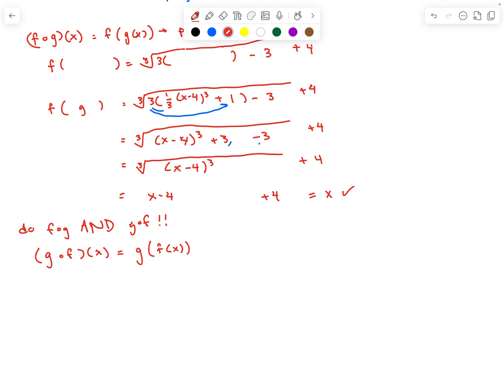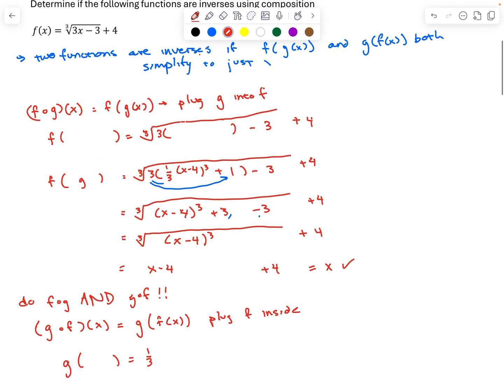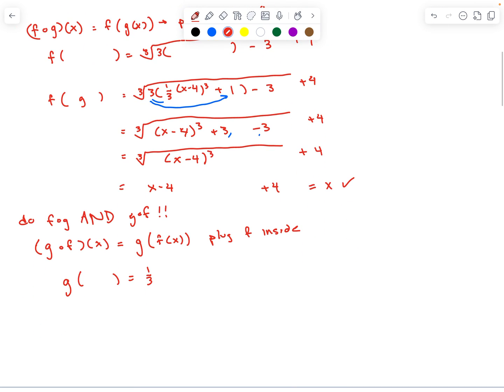So we set up the template for G. G of thingy, let's see, is 1/3. Where is it? Well, you've got it on your page, and I've got it on my page. Thingy minus 4 cubed plus 1. And I'm plugging F in. I'm just going to write on top of it this time.